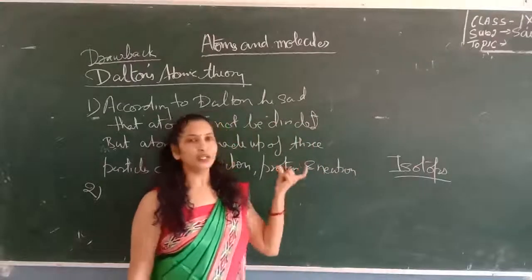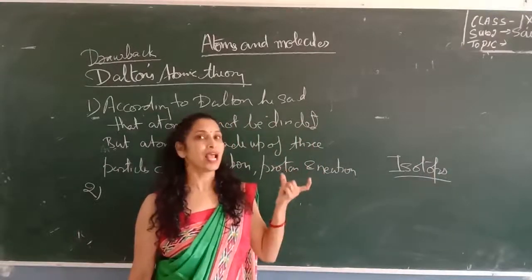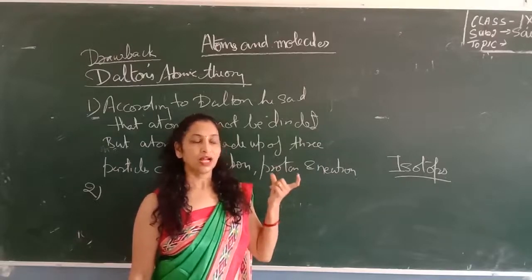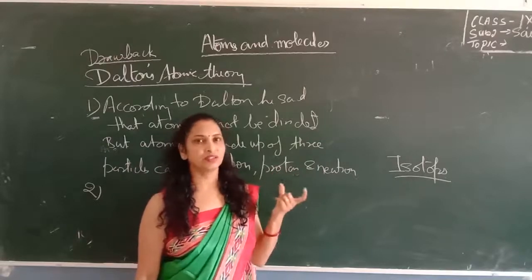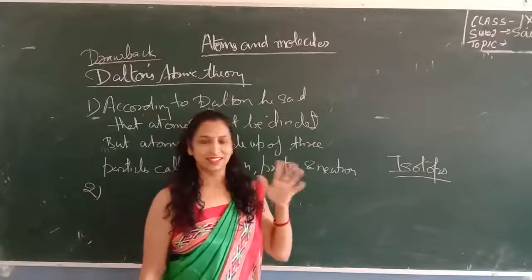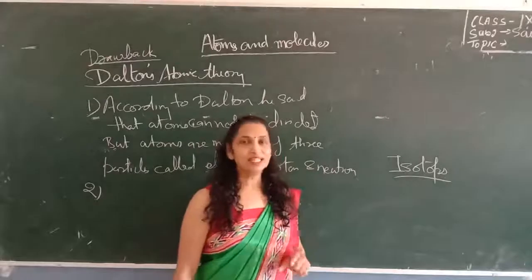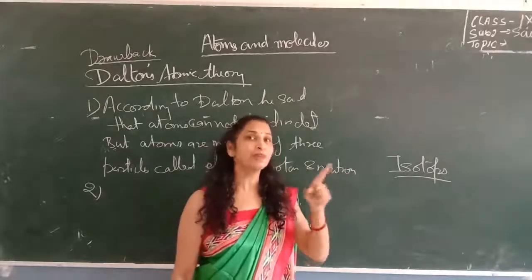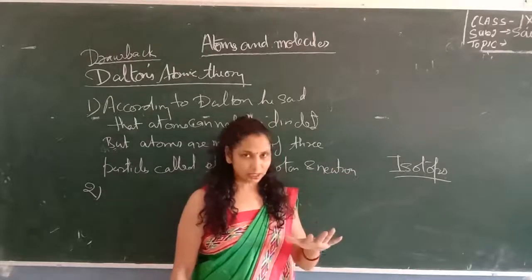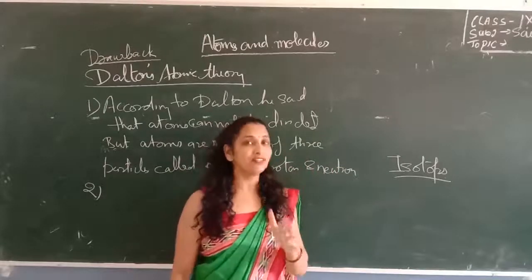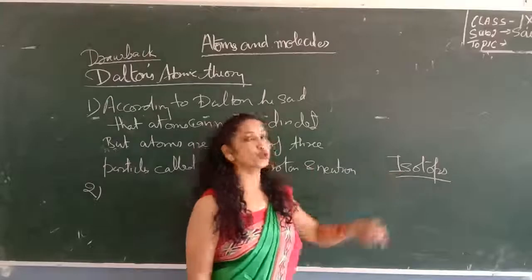Isotopes are those atoms which have the same atomic number but different atomic mass. Or we can say the atoms having the same chemical properties but different mass are called isotopes.